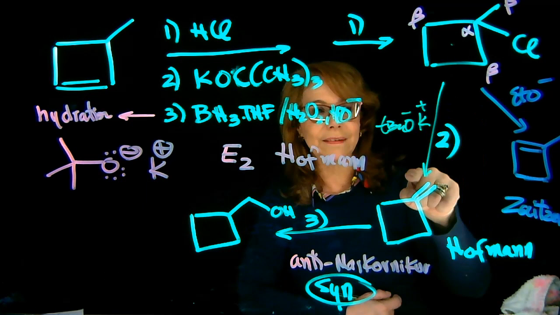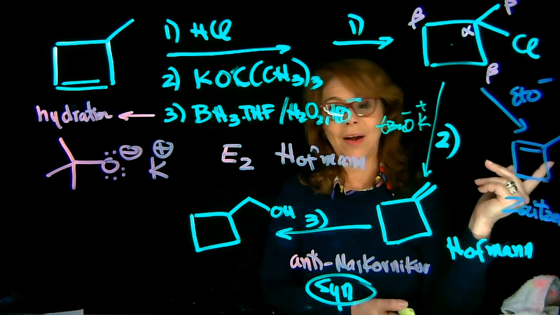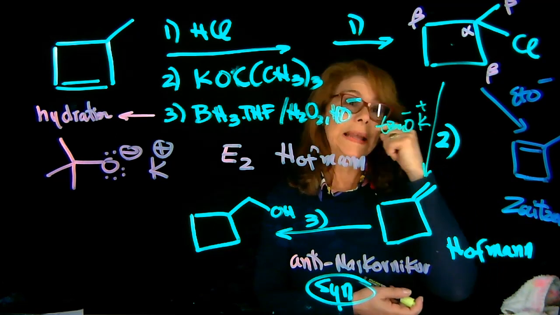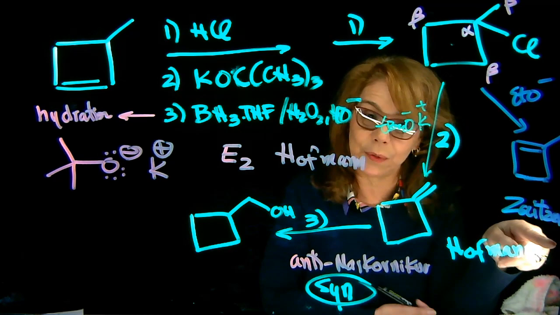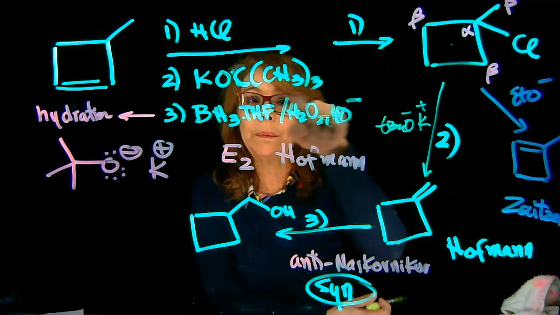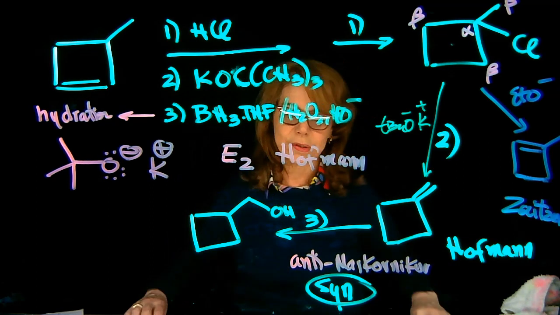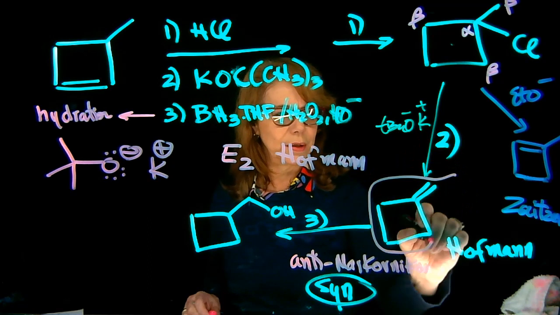The second step, we did review a couple of possible beta eliminations. If you use a small base, remember that the Zaitsev product is favored, but here we're using a bulky base, big base. So the Hofmann product is favored, so I'm going to do that. So second step, that's my product.